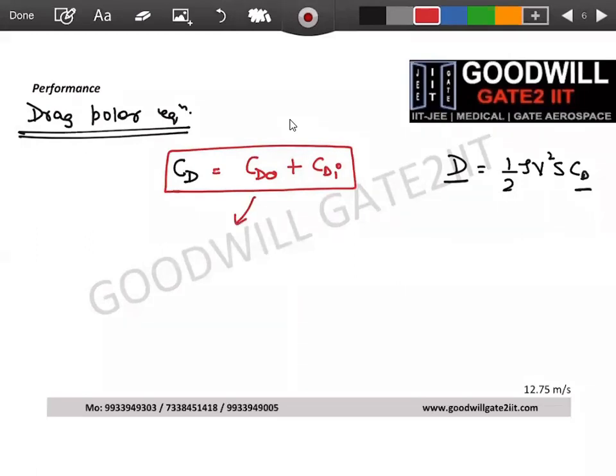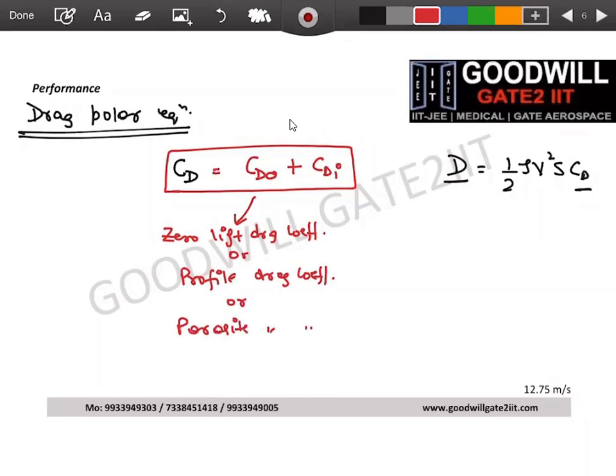This is referred to as the zero lift drag coefficient. This is also referred to as profile drag. I hope the name gives you some idea. This is also known as parasite drag coefficient. These are the different names given to it.